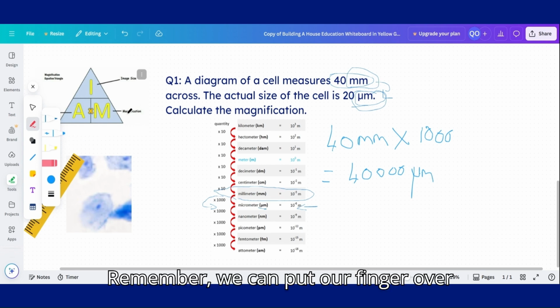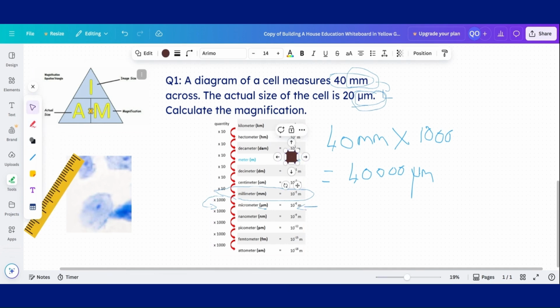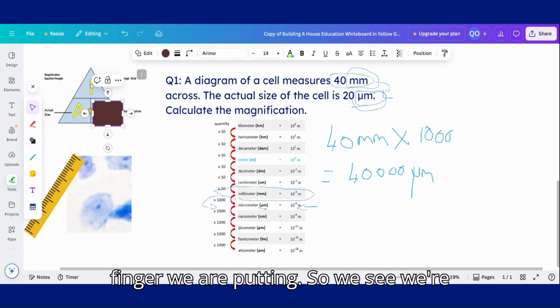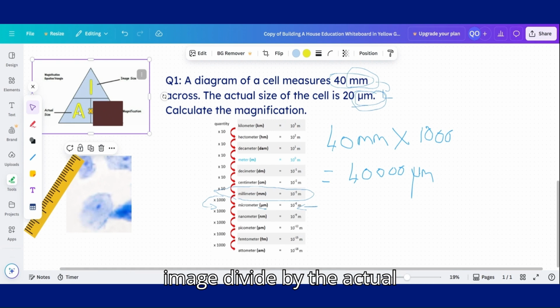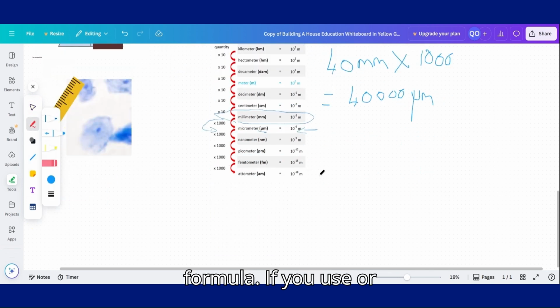Okay, and we are going to use our little triangle. Remember, we can put our finger over this. Let me make a shape. This is now our finger that we are putting. So we see we're going to use the image divided by the actual size. You can also write down the formula.